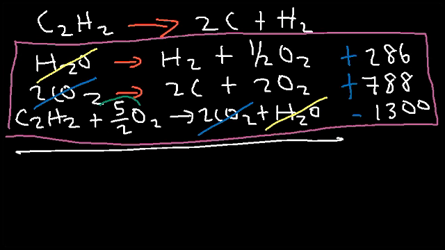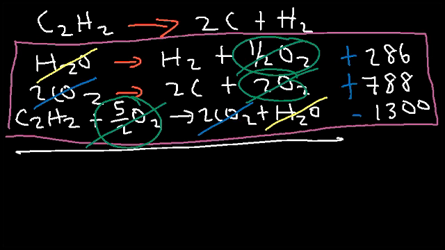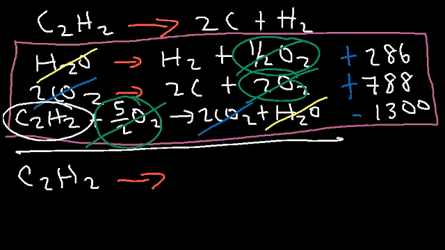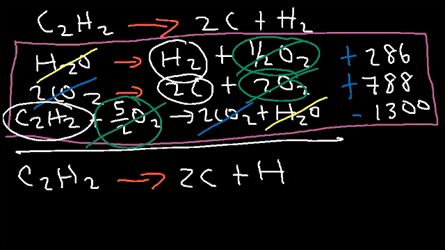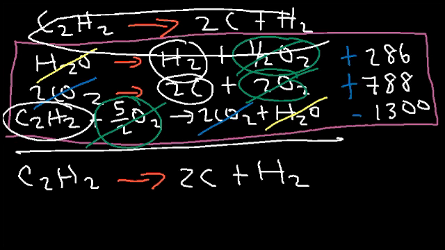On the left side, we have 2.5 oxygen molecules. On the right side, we have 2 plus 0.5, which is 2.5, so they cancel each other. So on the left we have acetylene, C2H2, and on the right we have 2 carbon atoms and H2 gas, which equals what we have here.